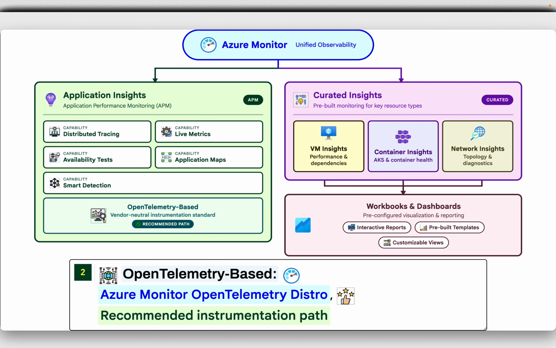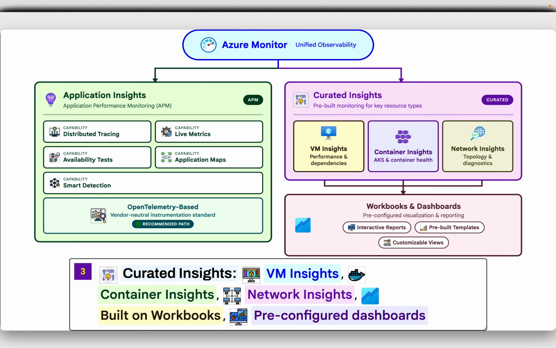The Azure Monitor OpenTelemetry distro is the recommended instrumentation path for applications. Curated insights include virtual machine insights, container insights, and network insights. These deliver pre-built monitoring experiences for their respective resource types, and they are built on workbooks and pre-configured dashboards.